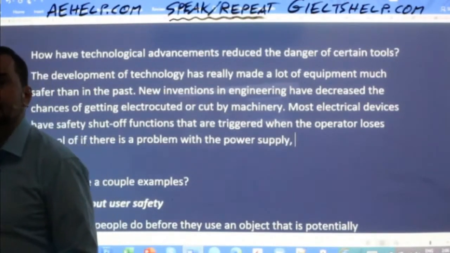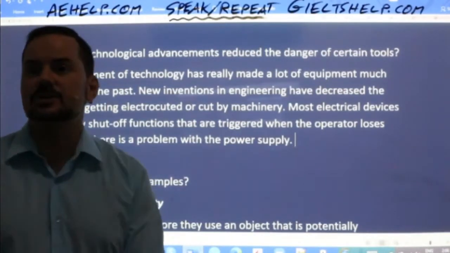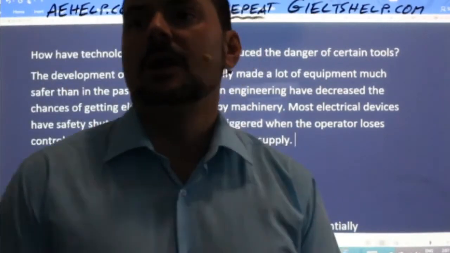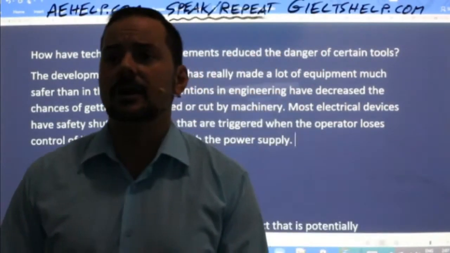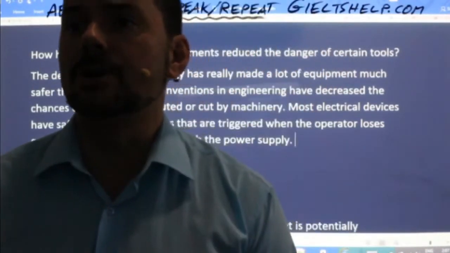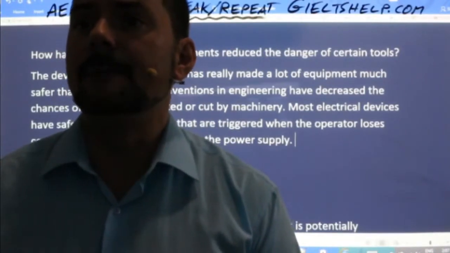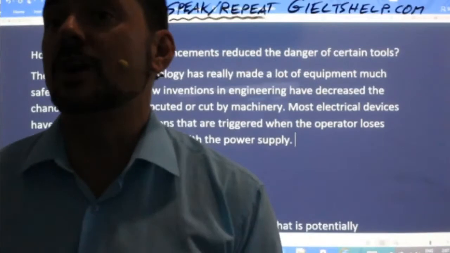Okay. Let's see what you've come up with. I want to give you a chance to do this first. So Ois says, tech has helped much to contain dangerous items such as vehicles and safety equipment for modern devices which turn off when kids touch them. Okay, Ois, you're on the right track. All right, I like how you used the present perfect there at least once. Try to use it twice, Ois, when you hear it in the question.